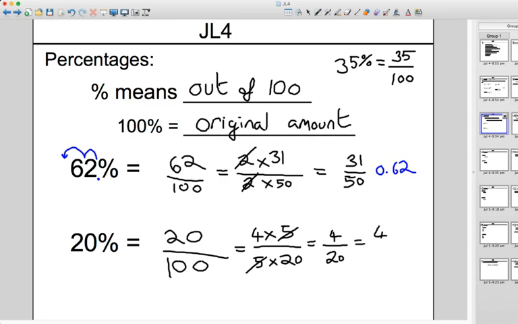This is going to be 4 times 1 over 4 times 5. 4's cancel, gives 1/5. So that's what 20% would be as a fraction.